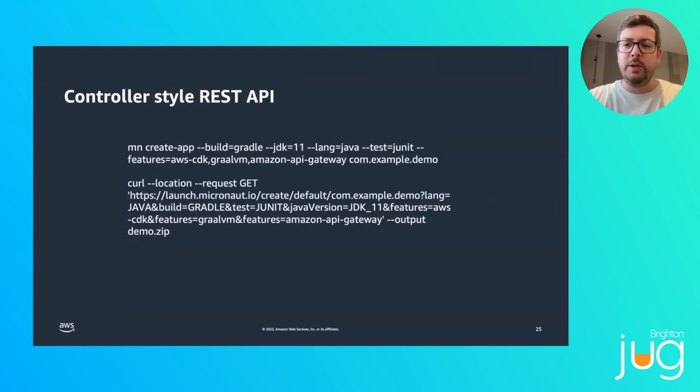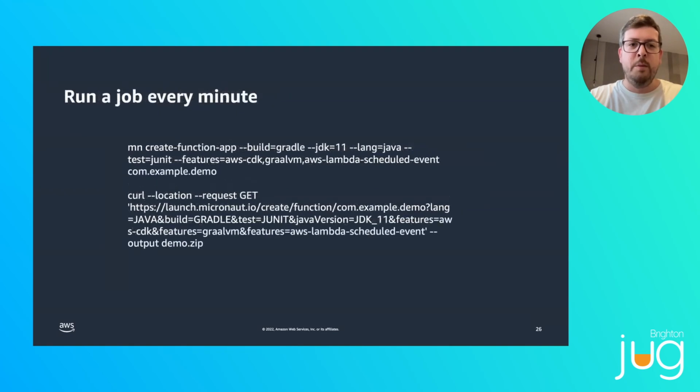So I've included a couple of different application styles, but also an application that will be triggered every minute. So if you had some admin tasks that needed to happen on a schedule, this is a style of Micronaut application that can be triggered on a cron job, for example. And this includes the application code and all of the infrastructure code that is required to deploy it to AWS.